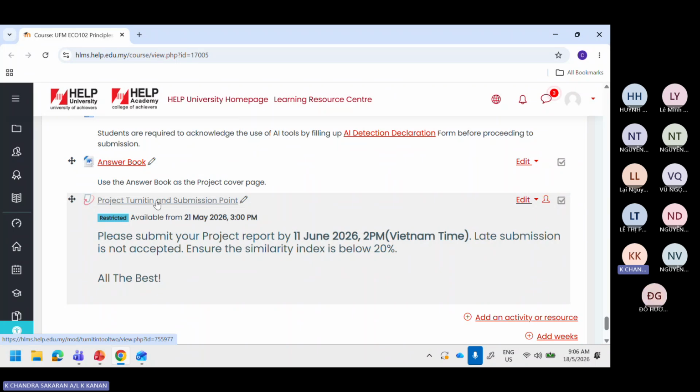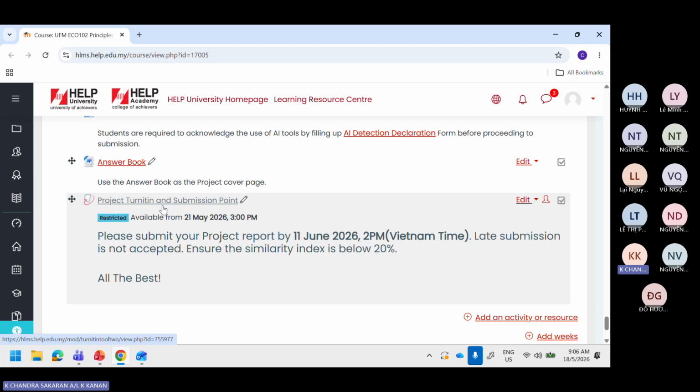You can submit any number of times, but you have to do it by 11 of June, 2 p.m. When you do Turnitin, use a Word document so that you can do the changes.